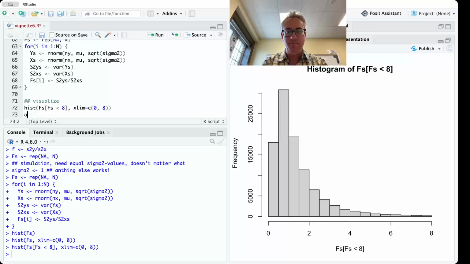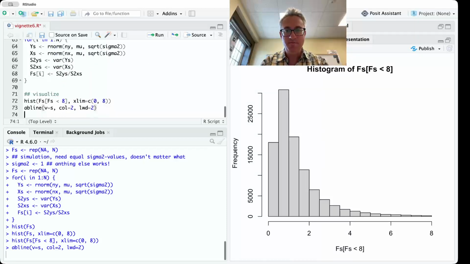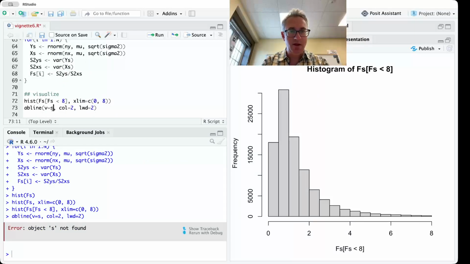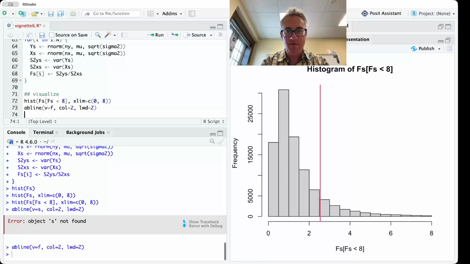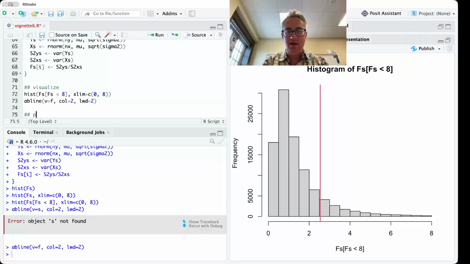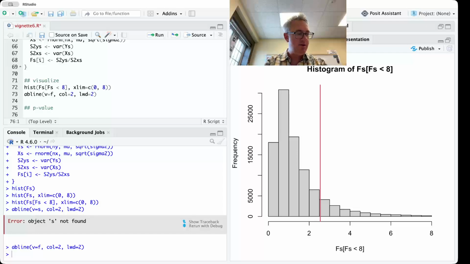So let's put the value of the statistic on there. Oops, not S, F. Okay, there's that value of the statistic. To me, it looks like we're not going to be able to reject this null hypothesis because this value of the statistic is not very far into the tail, but I can calculate a p-value.